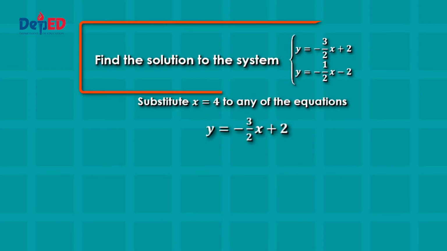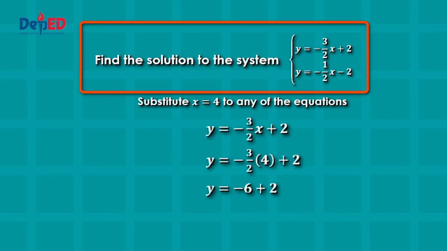Let us use y equals negative 3 halves x plus 2. By substitution, we will have y equals negative 3 halves times 4 plus 2. What is negative 3 halves times 4? Negative 6. Then we write plus 2.